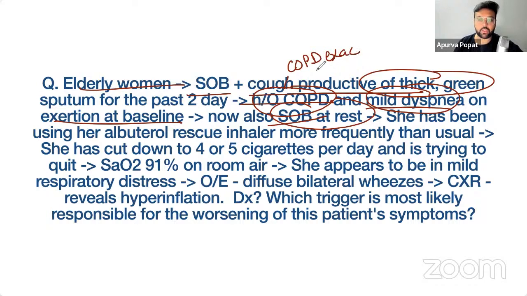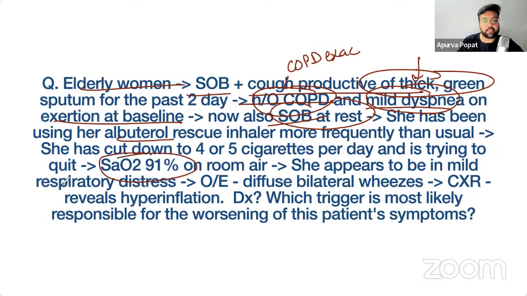If you have a history of COPD, and now you have more than 2 out of the 3 I am saying: more cough or change in sputum color, this patient already had change in sputum color and more cough, or more dyspnea or more shortness of breath. Out of these three, if you have just two, we call this COPD exacerbation. Now, she has to use more albuterol.